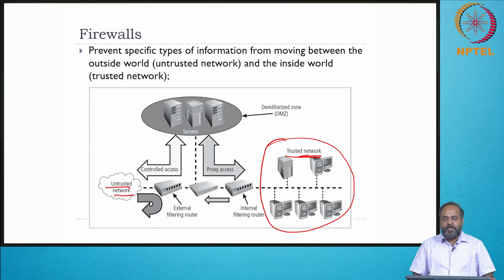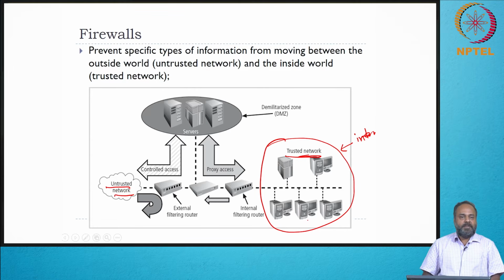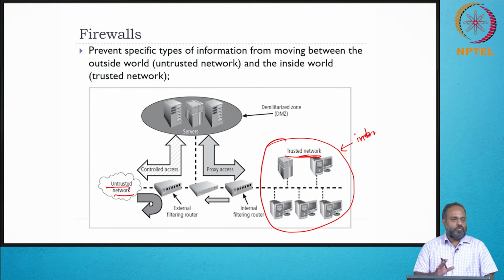A trusted network in firewall literature or in cyber security literature means your network, your internal assets, cyber assets. This is internal, or this is your data center. Typically you take it as your data center, consisting of different servers and applications that are running services for your organization. That is the trusted network.